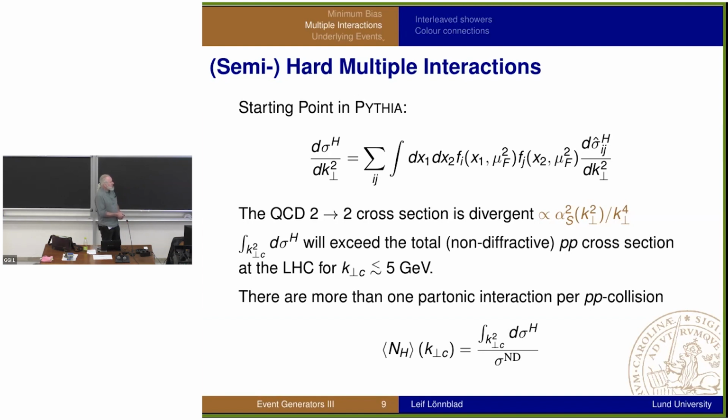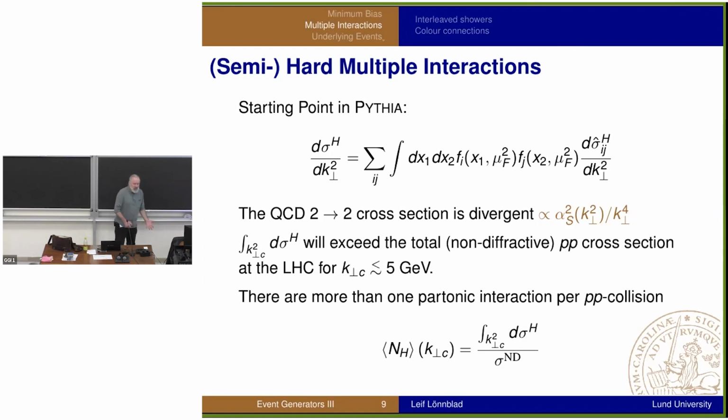And when it does, you can get the number of hard scatterings by integrating this cross-section from some lower limit and just dividing out the total, in this case the semi-inclusive, non-diffractive cross-section.